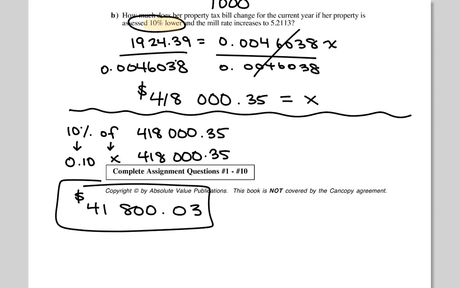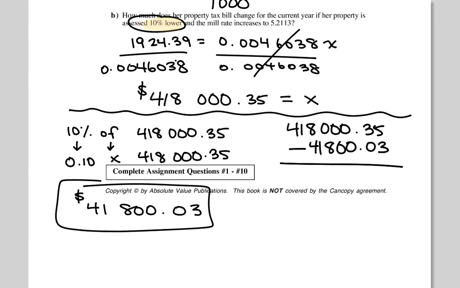Starting with the 418,000, that was the original price of the home, we need to take off 41,800.03. And we end up with 376,200.31. So this is the new value of the home after a 10% decrease.